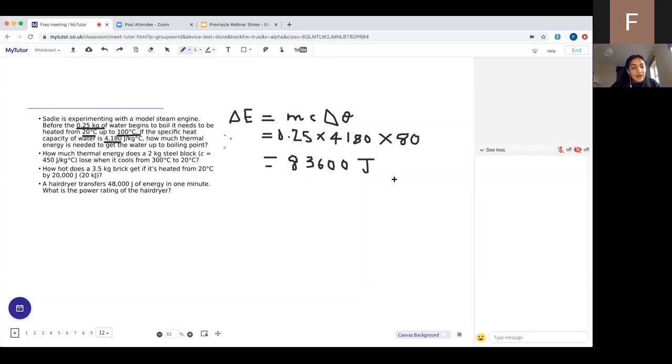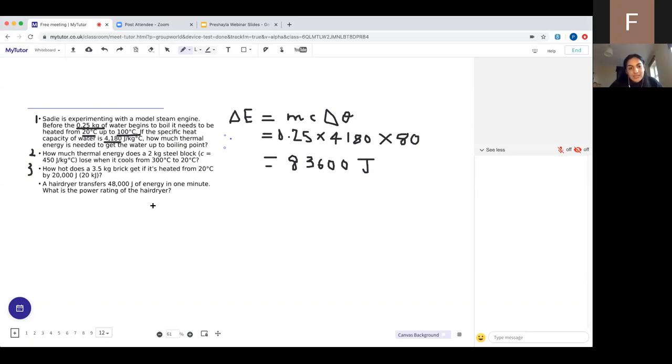Okay, that's really great. We won't do the next one because it is pretty similar, but we will do the third question. So if I just number them quickly, 1, 2, 3. How hot does a 3.5 kilogram brick get if it's heated from 20 degrees by 20,000 joules?